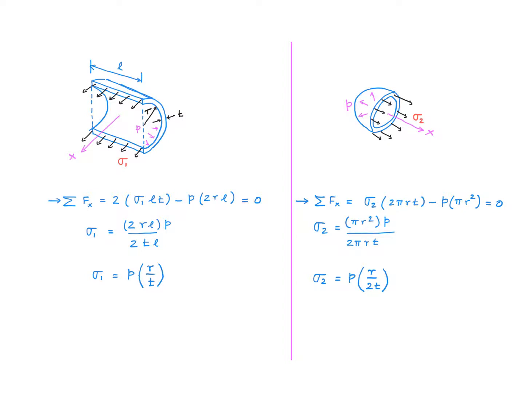The force due to P in the x direction, again utilizing the results we derived in the earlier slide, would simply be equal to P multiplied by the projected area of this curved part onto a plane perpendicular to the x-axis. That will be pi r squared. This leads to this expression for sigma 2: sigma 2 is P times R over 2t. So you can see sigma 1 is twice as large as sigma 2.